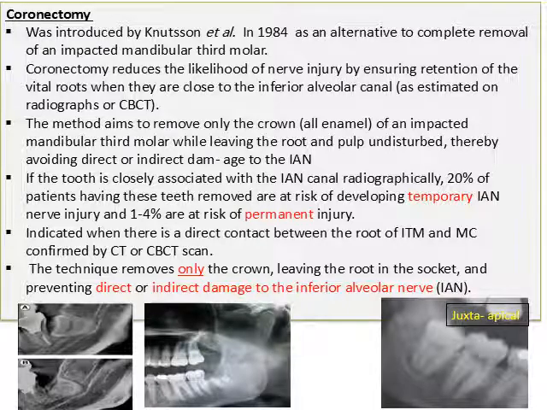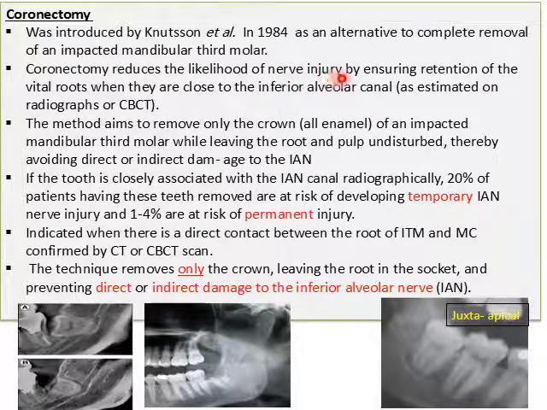If the tooth is closely associated with the inferior dental nerve, as shown by radiographic evaluation, we expect that 20% of patients who have these teeth removed may be at risk of temporary nerve injury, and 1 to 4% of permanent injury.